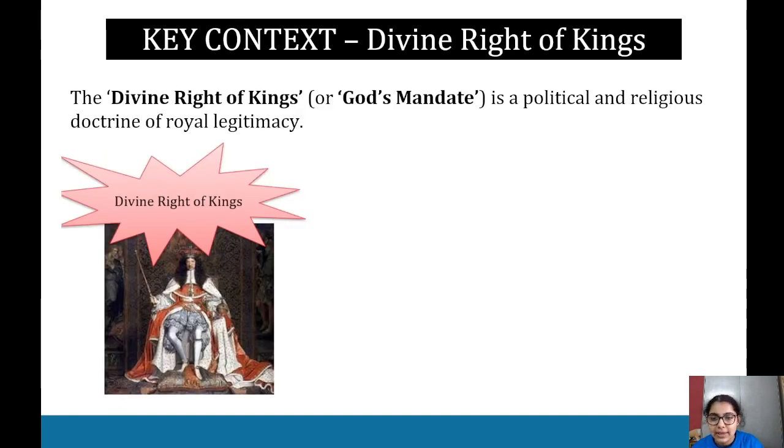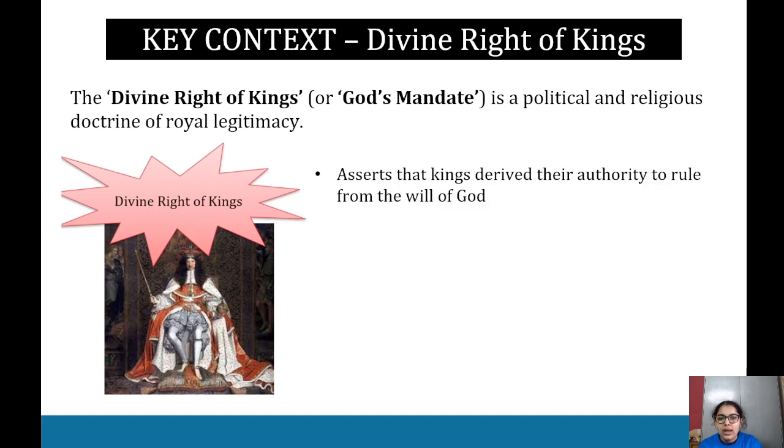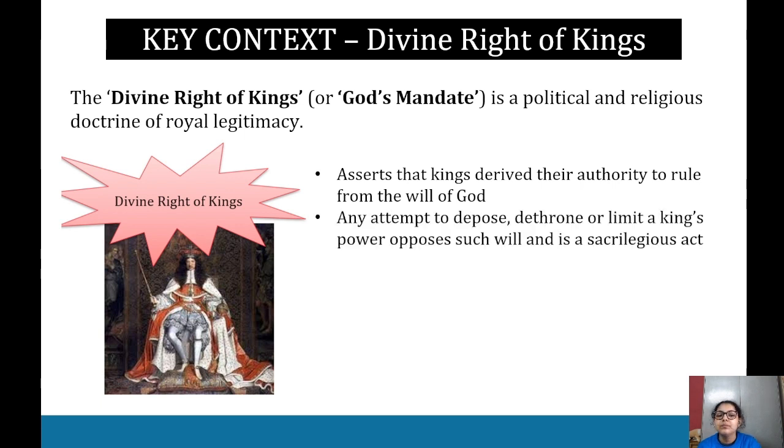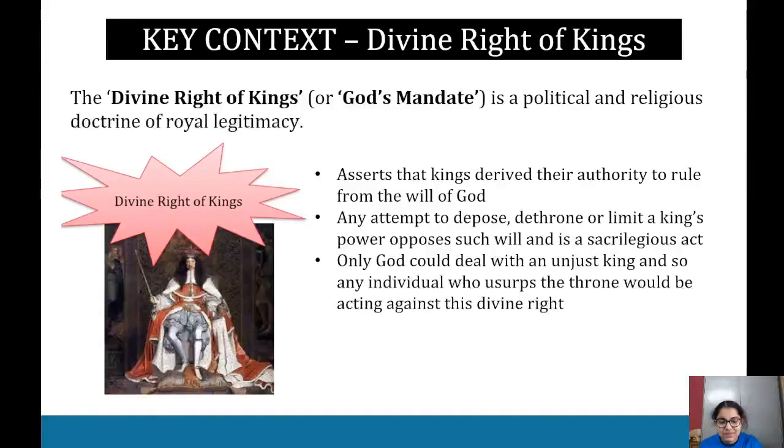The divine right of kings, or God's mandate, is a political and religious doctrine of royal legitimacy. This plays a huge role here. So it asserts that the king derived the authority to rule from the will of God. Any attempt to depose, dethrone, or limit a king's power opposes such will, and it's a sacrilegious act, which of course Richard commits.